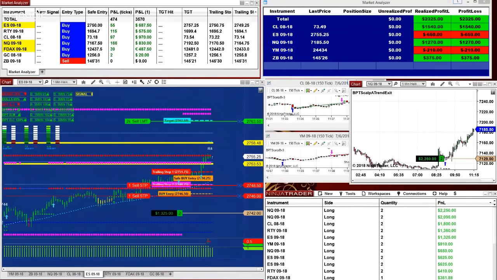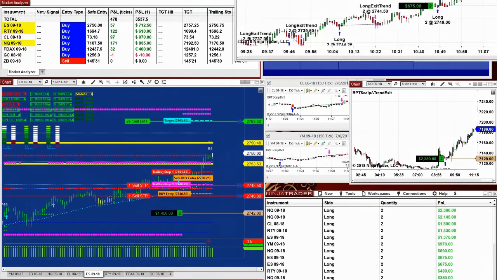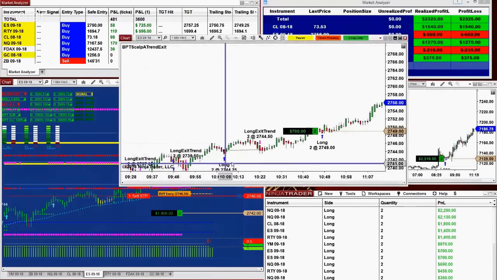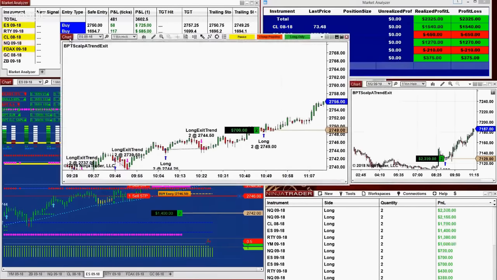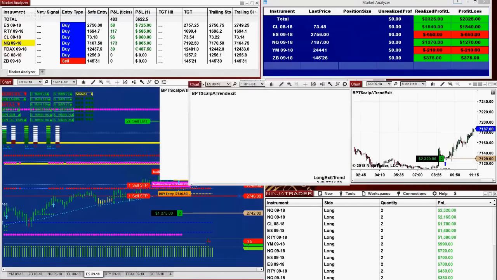We can put a few in there. For the 1 minute traders, we had some little chop earlier today, but now we are taking off on the swing trade and ES.